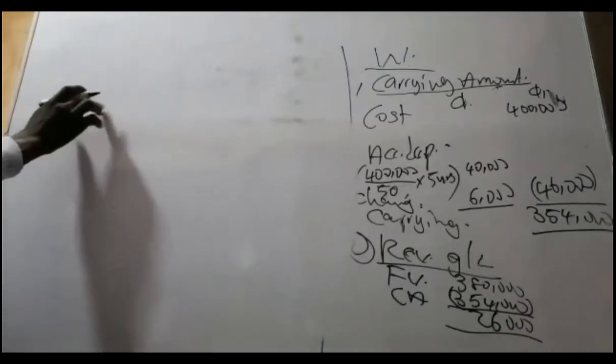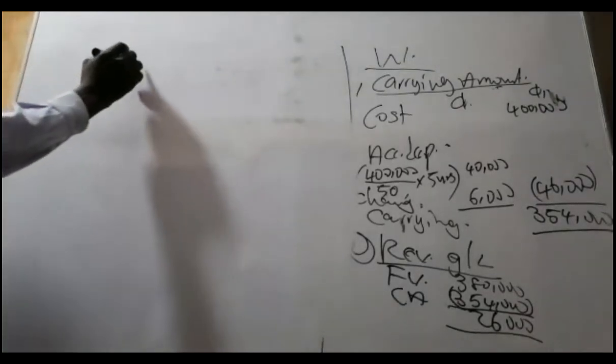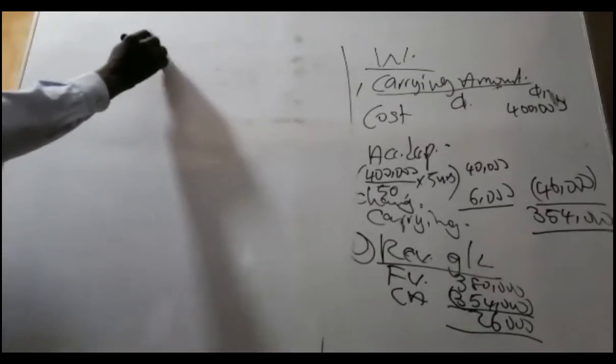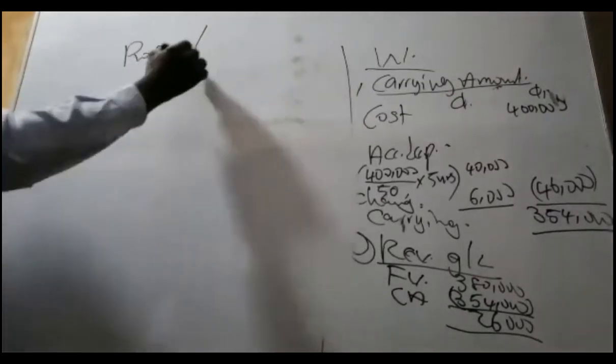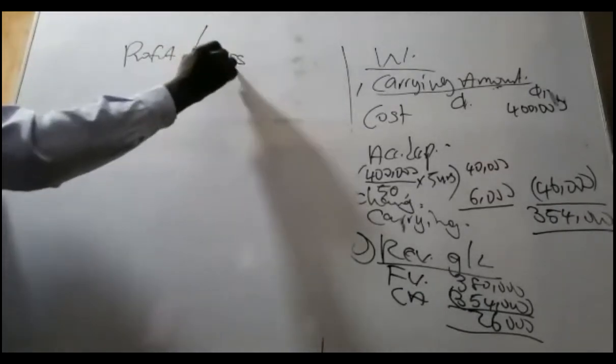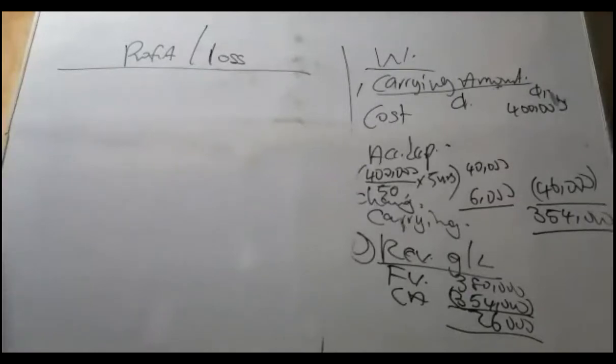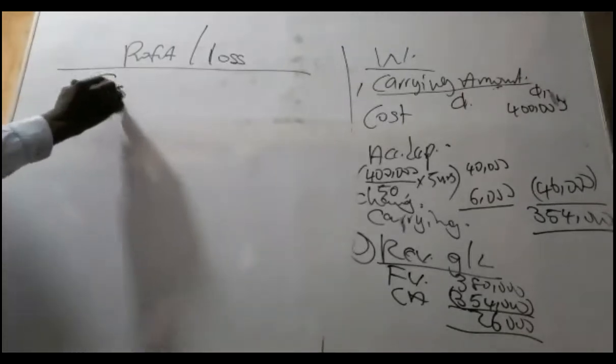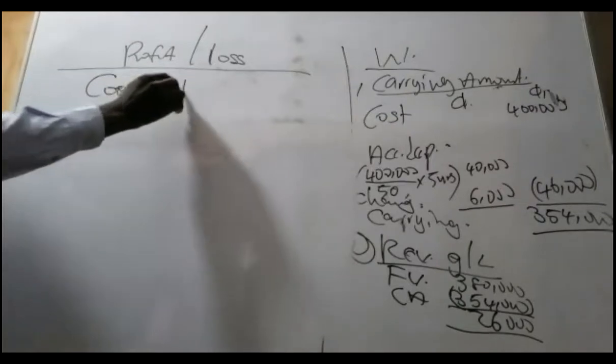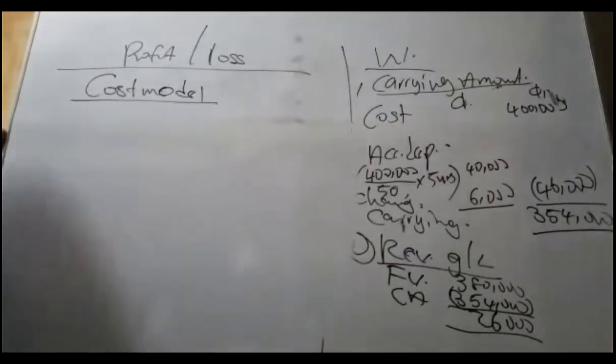Okay, now let's see. Here, the question requested for the profit or loss. As it stands now, you wouldn't know whether it will be profit or loss, except from the books. Good. So first, using the cost model, that's the first approach.